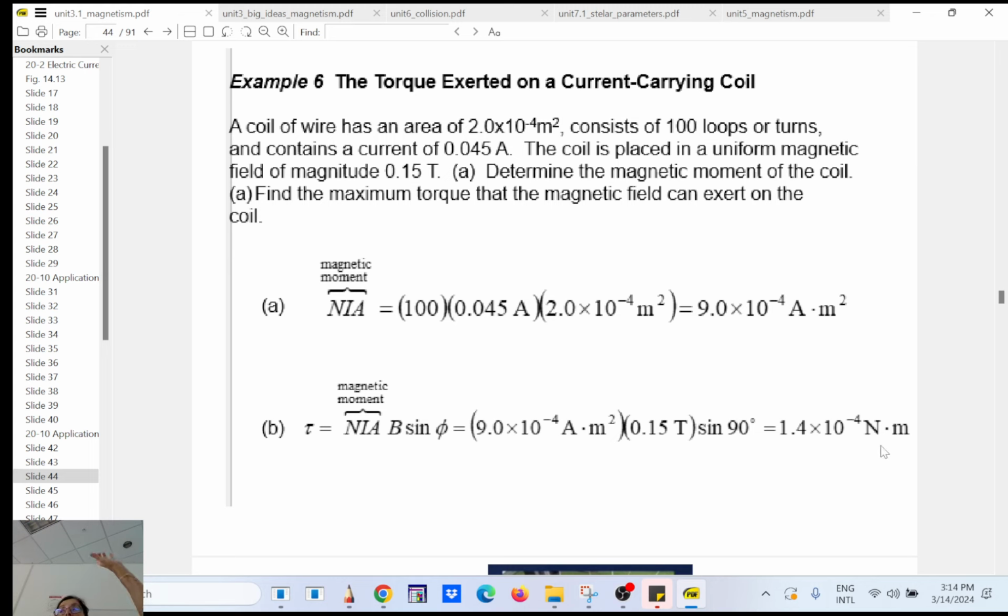So each time you have a loop of current inside the magnetic field, it will twist to align itself with the magnetic field. And if all of a sudden you stop the current, it will keep spinning. That's how you have an electric motor.